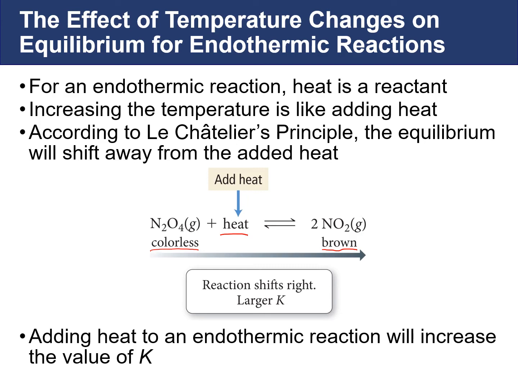So if we add heat to an endothermic process, the reaction is going to shift to the right. That is what we should see. If we remove heat from an endothermic process, the reaction will shift to the left to form more heat.